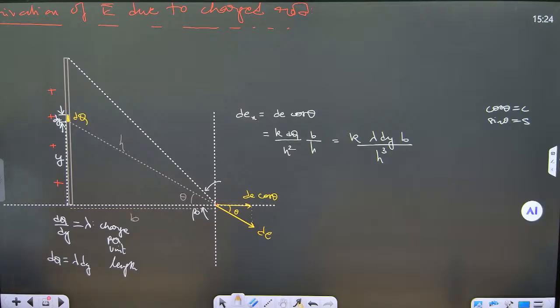I have to make a page for the derivation. Prepare derivation page. Page for what? For deriving electric fields due to a rod, right? So I've taken that as a note.